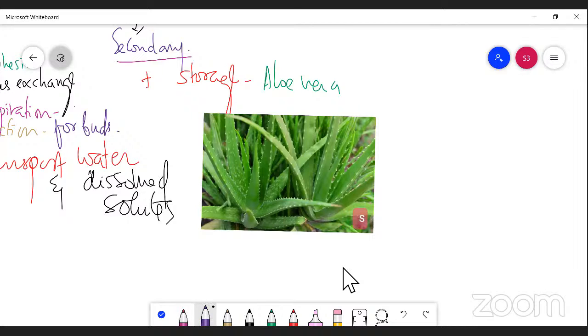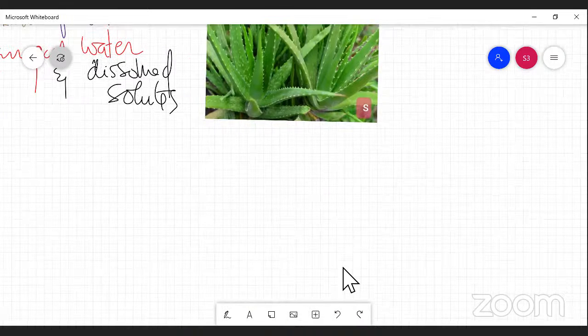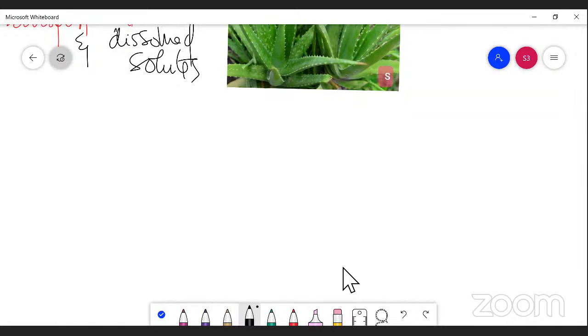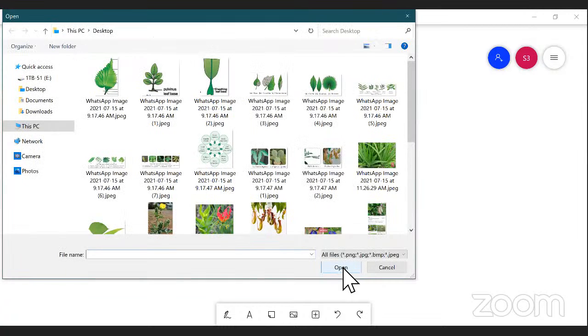And second one, protection. Argemone is the right example for protection. The second point is protection. That means the plants are able to modify their structure, right?